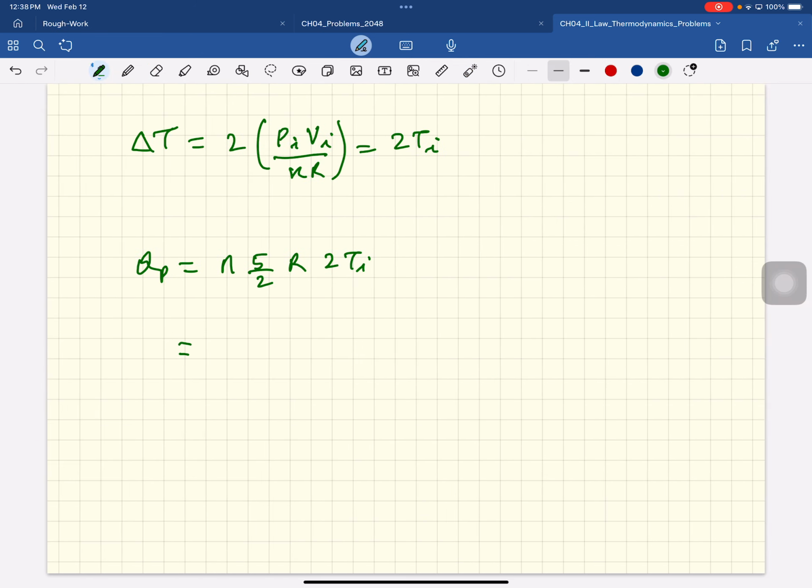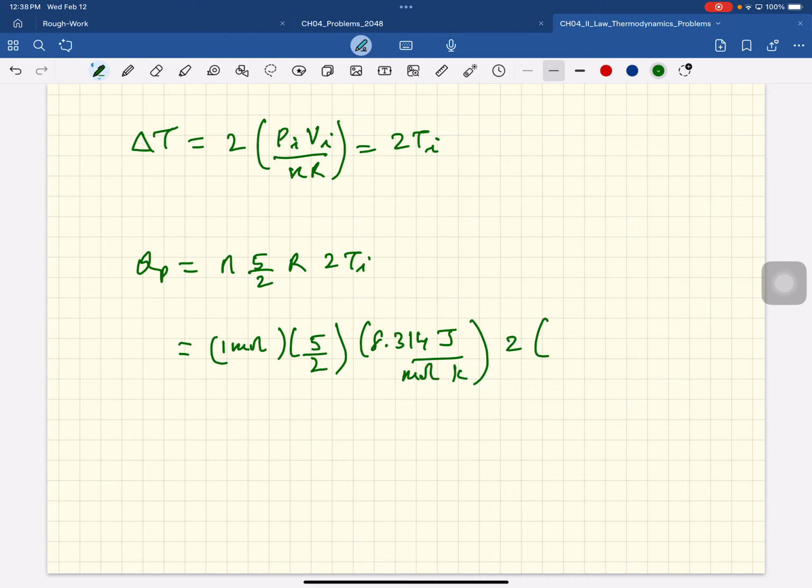So 1 mole, 5/2, R is 8.314 joules per mole per Kelvin, 2 times the initial temperature, 0 degrees Celsius, which is 273 Kelvin. So that 2 cancels with that 2.